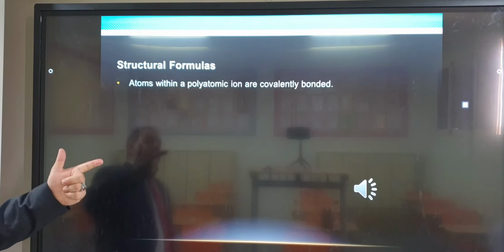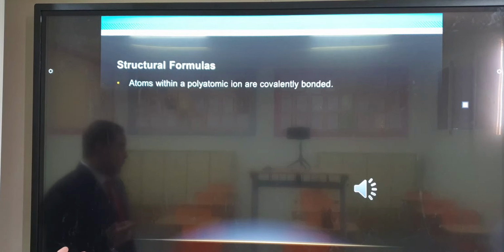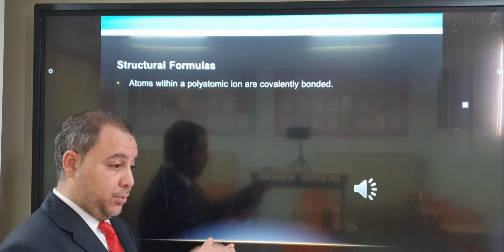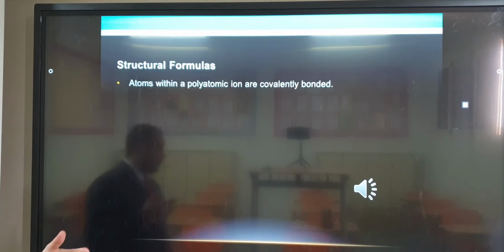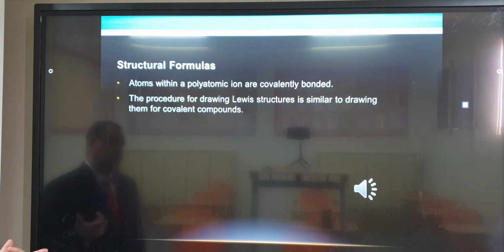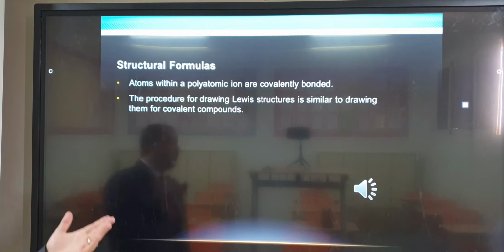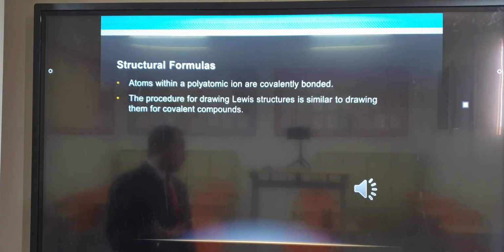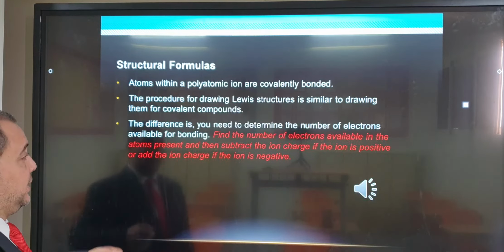Atoms within a polyatomic ion are covalently bonded. The procedure of drawing Lewis structures of polyatomic ions is similar to drawing them for covalent compounds, as we are going to see.